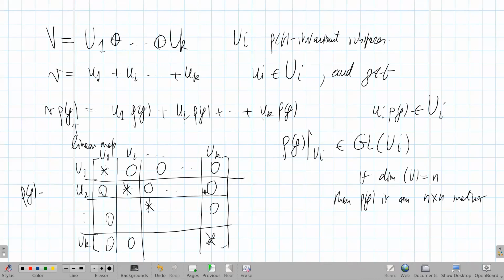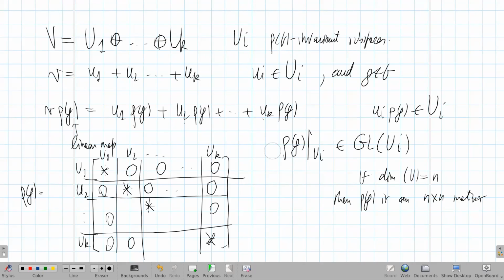But what we see here is that if you choose the bases suitably, there are a lot of zeros, okay? So what we have found is this. Let's call this rho I. This is the restriction of rho G to U_I.